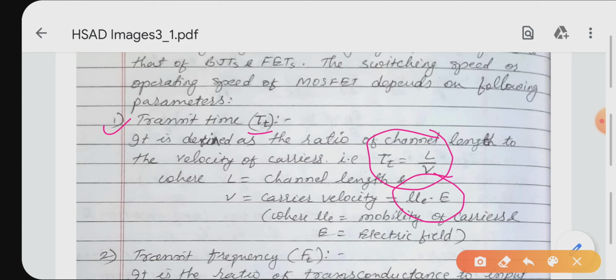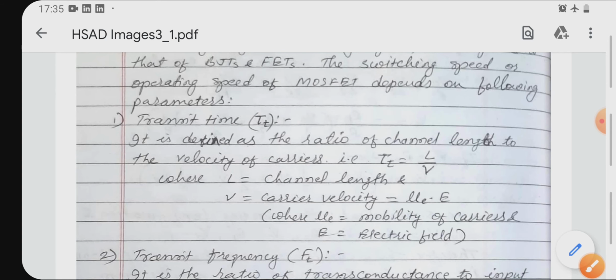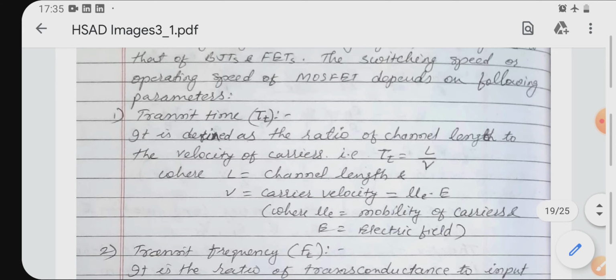Okay, so the transit time is the ratio of length to velocity. Length is channel length and velocity is the carrier velocity.